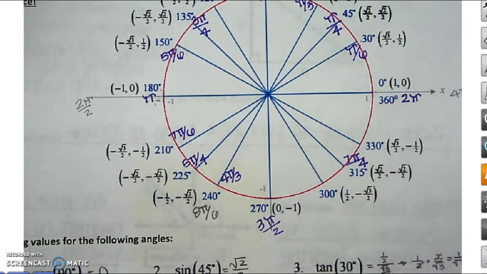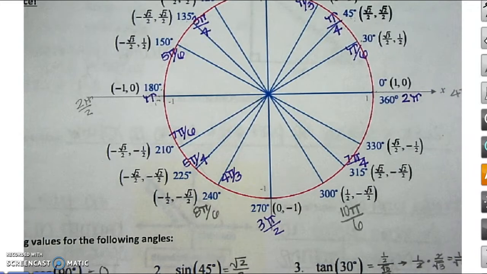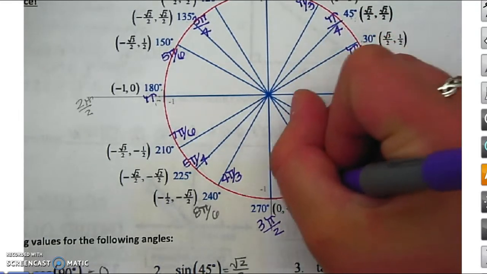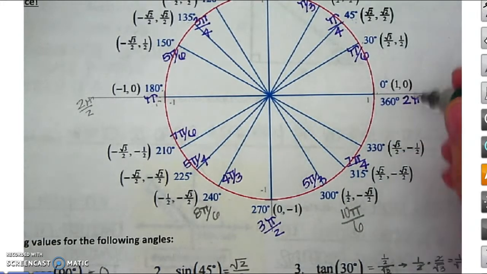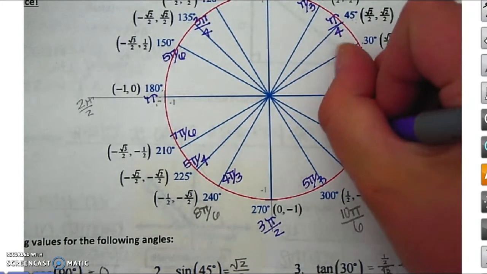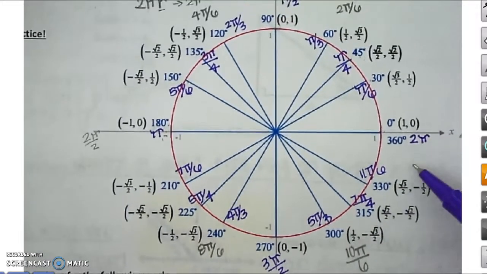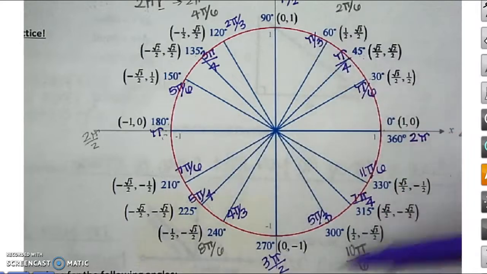Here we would have 10 pi over 6, which would simplify to 5 pi over 3. And here we would have 11 pi over 6. 12 pi over 6 would give us 2 pi. So that is labeling all of the angles on the unit circle.